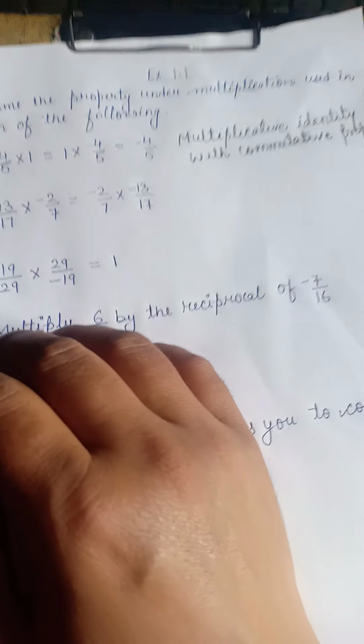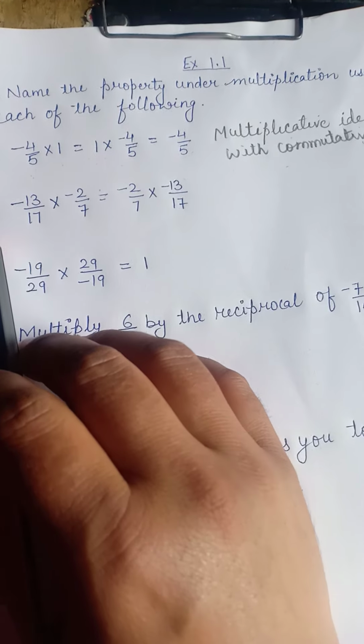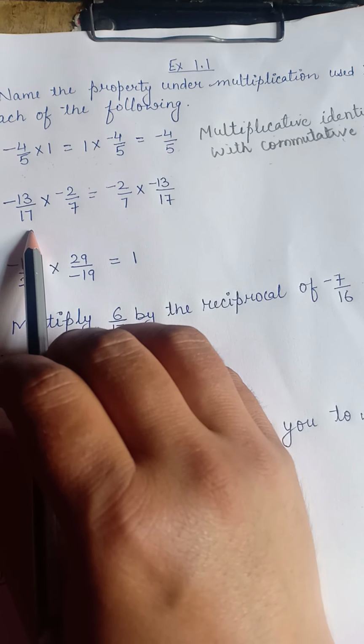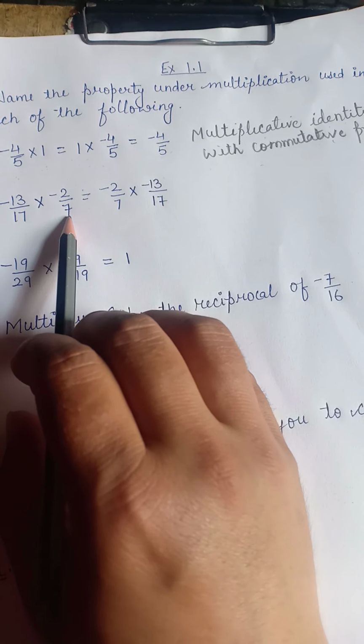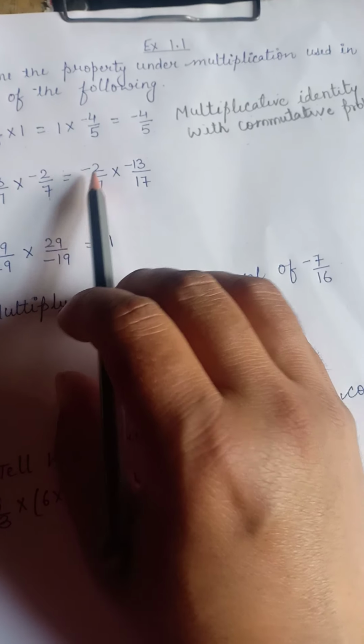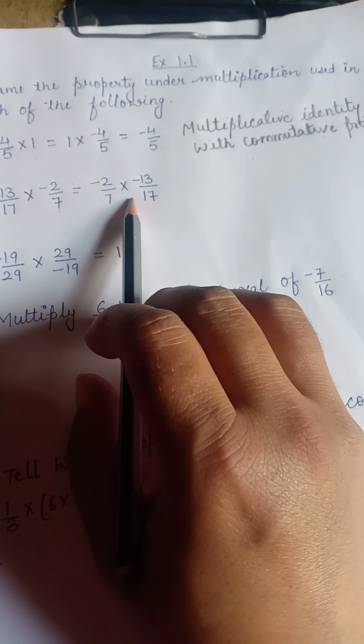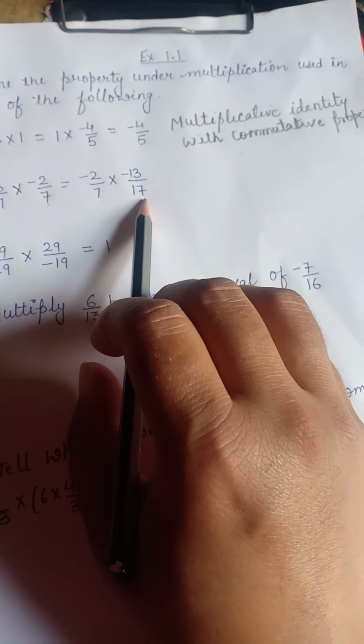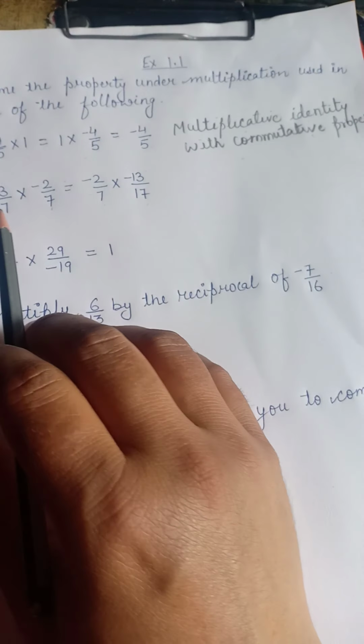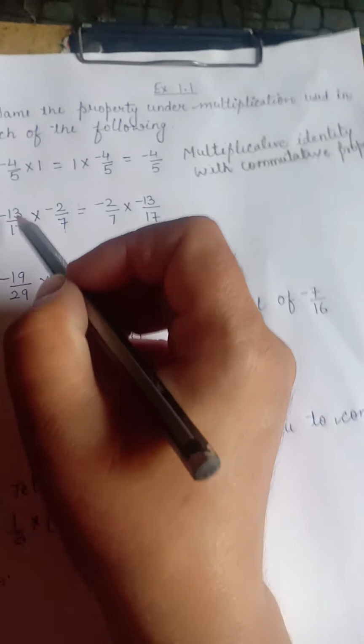So here comes the second part. Minus 13 upon 17 multiplied with minus 2 upon 7 equals minus 2 upon 7 multiplied with minus 13 upon 17. Here only two rational numbers are there.